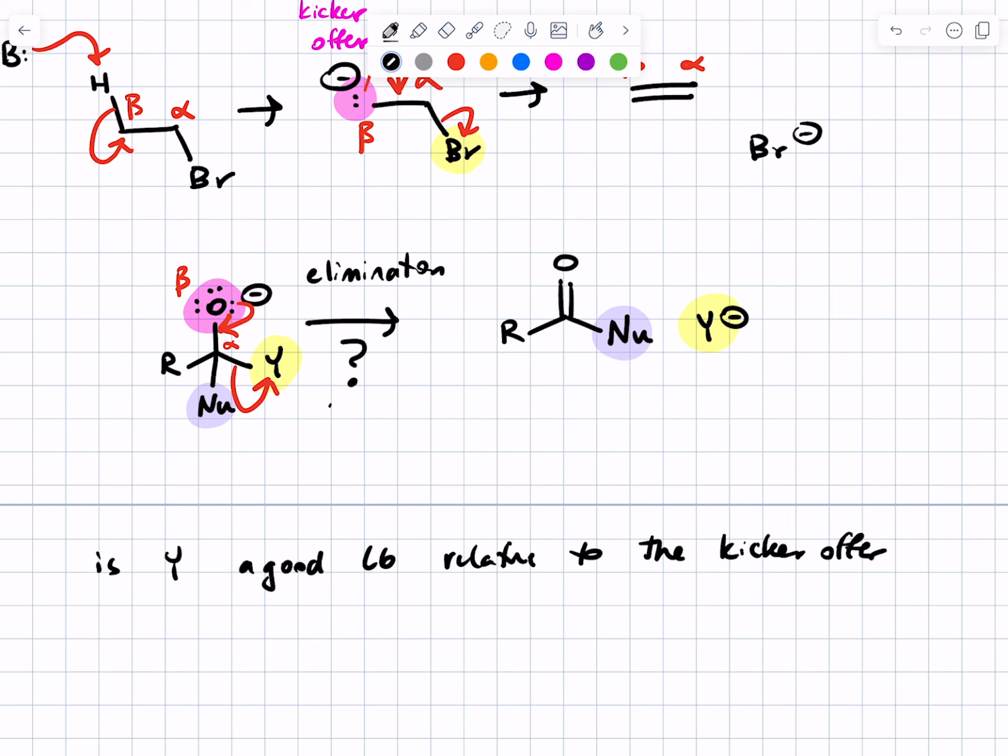Essentially, we're going to be asking about the equilibrium constant for this reaction, and we're going to be comparing the stability of the Y group versus the negatively charged oxygen that does the kicking offing, whatever.